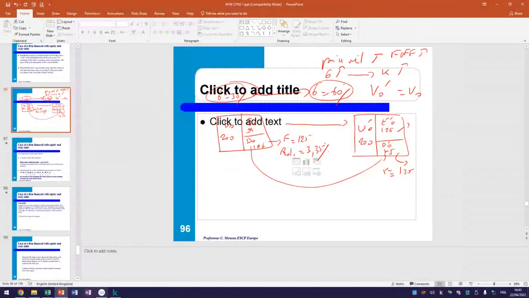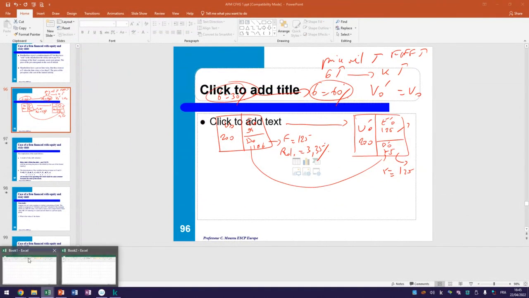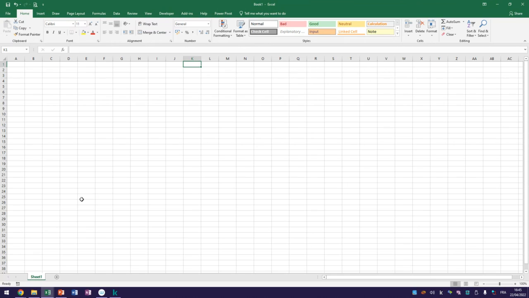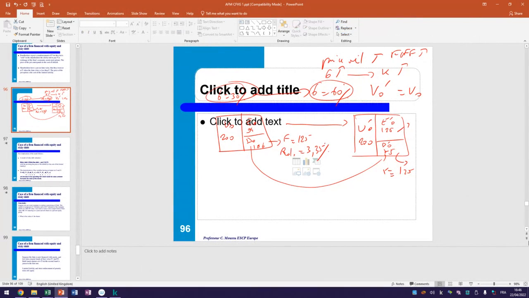Let's compute the yield just to have fun. 75. Okay, I just do the computation here. So 125 divided by 75. So this is the new value of the debt. Exponent 0.20. 10.7, right.